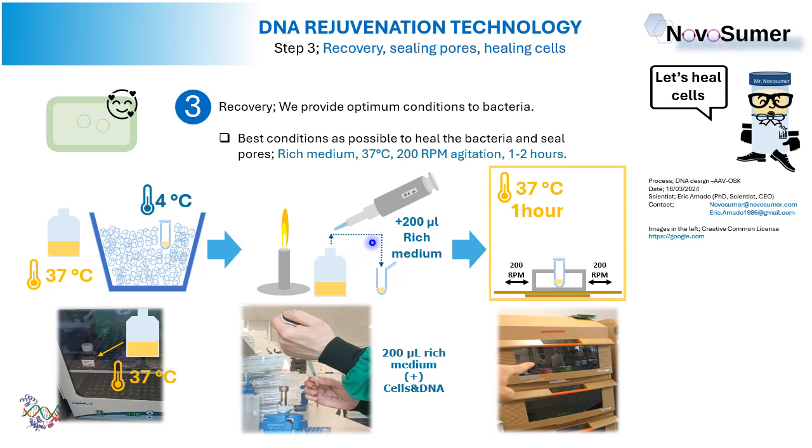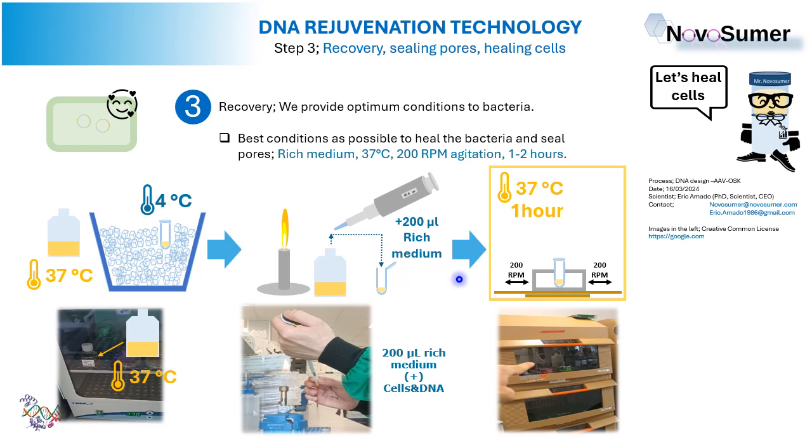I repeat, 200 microliters of rich medium to the cells, and we mix a little bit, maybe flicking the Eppendorf tube or using the pipette very gently. So that's this step, adding the 200 microliters of rich medium to the cells and mixing them together very gently. As you can see here, this is the step. It's nice to see the things in a picture, right?